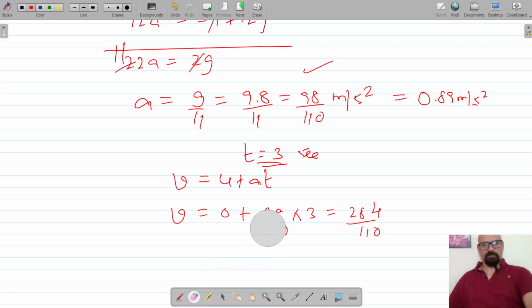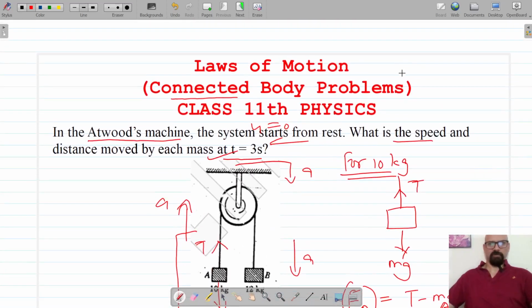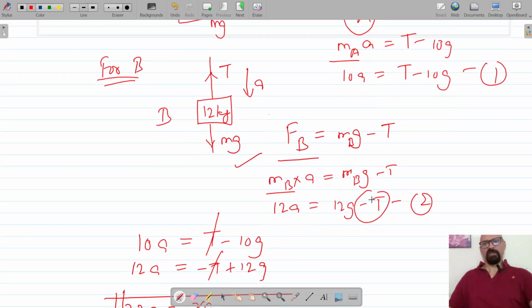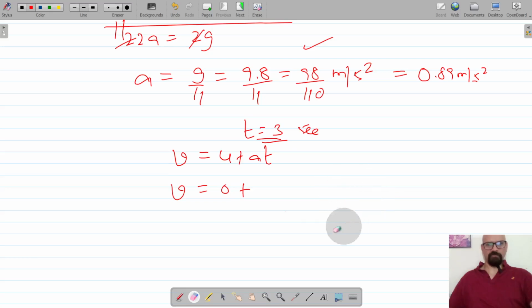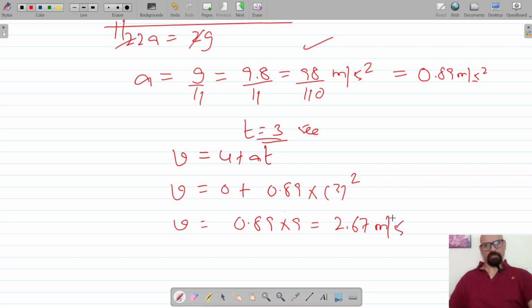Rather than using this rounded value, to get the precise answer, because the answer for this question is velocity 2.67 meter per second, I have calculated a to be 0.89 meter per second square. So I'm going to put this value of a here: 0.89 times 3. This gives me 2.67 meter per second as the velocity of the system after 3 seconds.